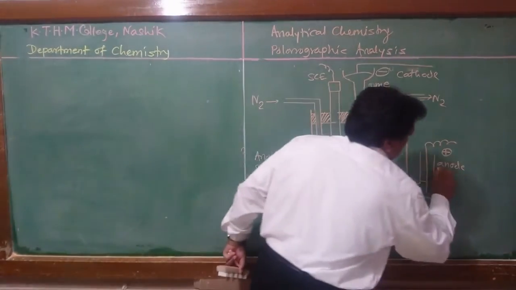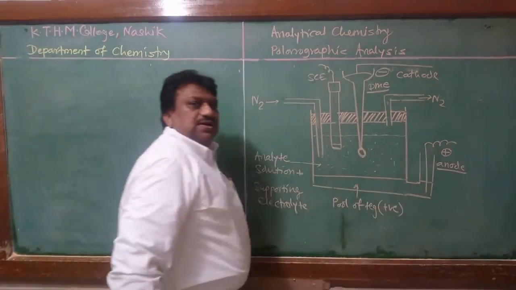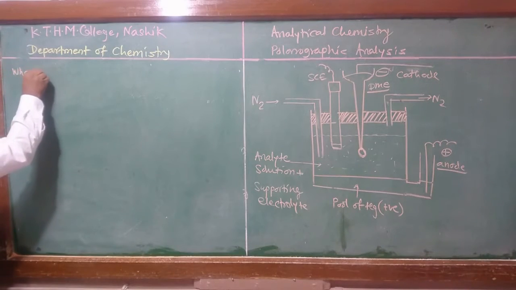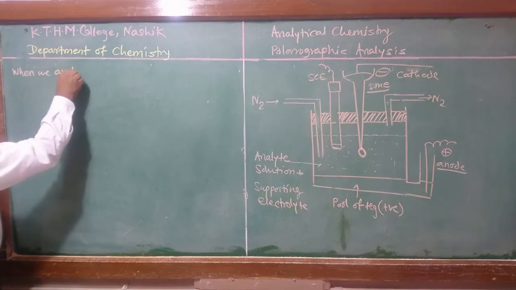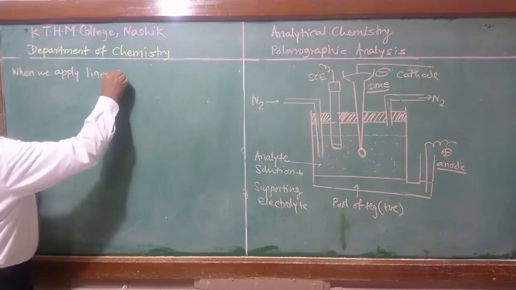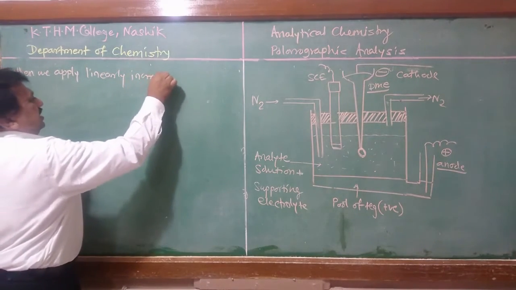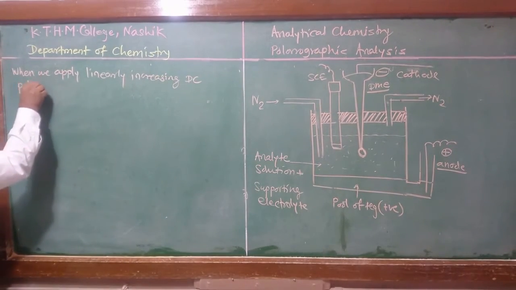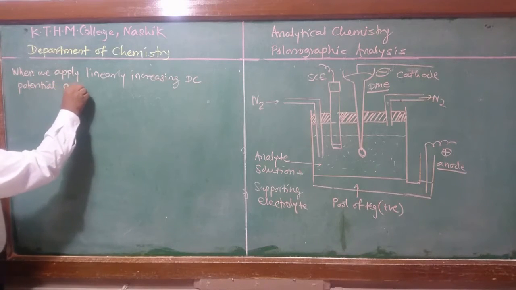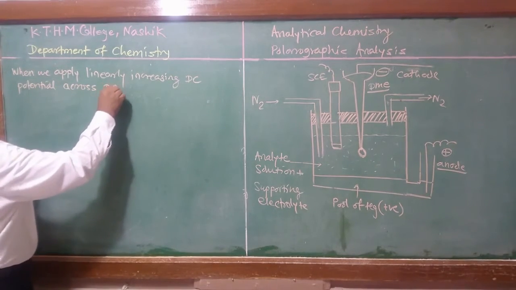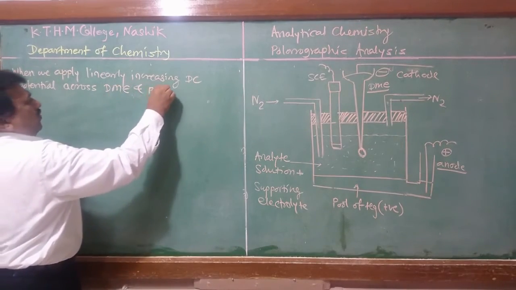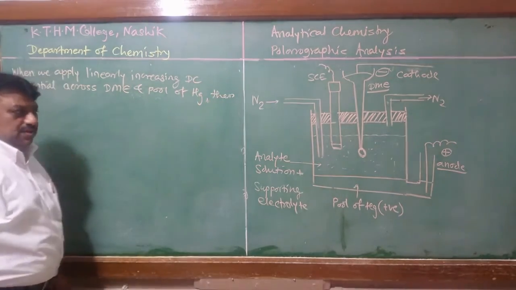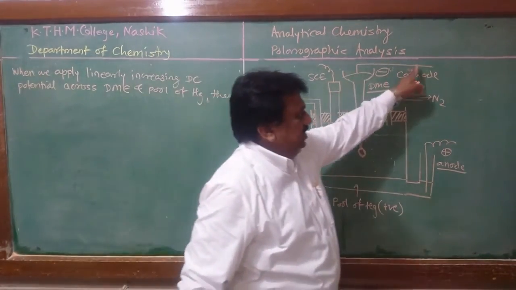When we apply linearly increasing DC potential across DME and pool of Hg, here we are applying the potential across these two electrodes.